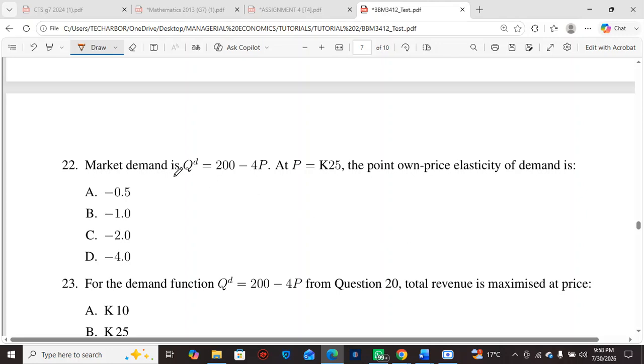We have a question here. Market demand is QD equals 200 minus 4P. At P equals 25, the point price elasticity of demand is.